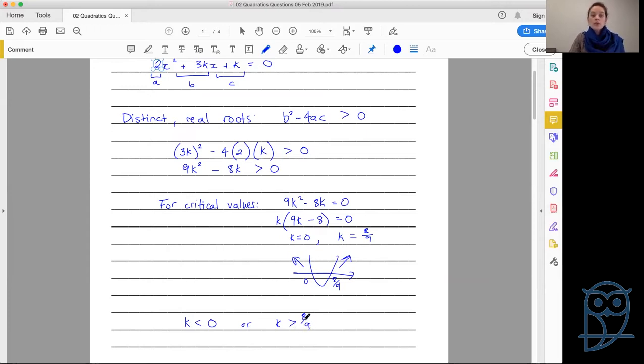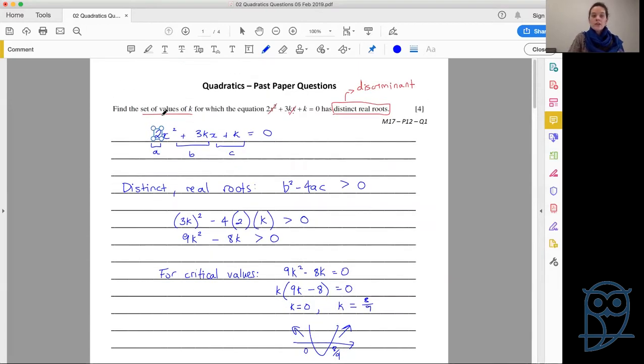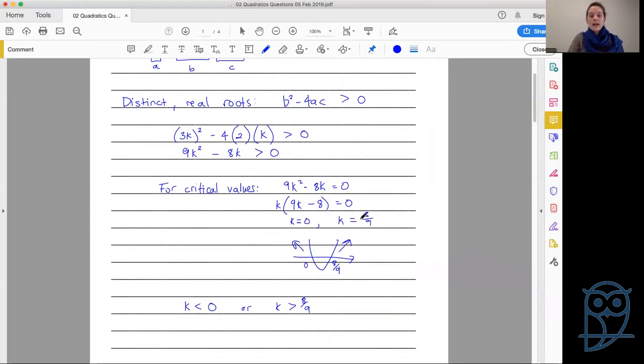Because at or equals to, we don't have distinct real roots. We have a shared real root, the different form of our discriminant. So there you have it. Your set of values of k, for which the equation 2x squared plus 3kx plus k equals 0 has distinct real roots, is k is less than 0 or k is greater than 8/9.